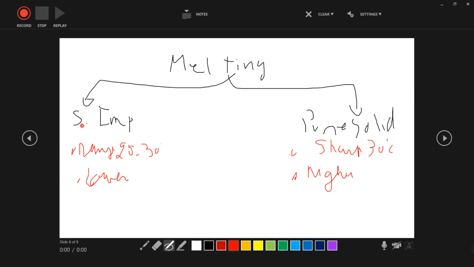Lowering by impurities. Okay, so impurities that exist with my solid compound can do two things to its melting point. It will convert the melting point from a sharp number into a range of numbers, and it will lower it, very important, it will lower our melting point. For example, here it was 30, but here it is from 25 to 30, a range, and it is a little bit lower than 30.